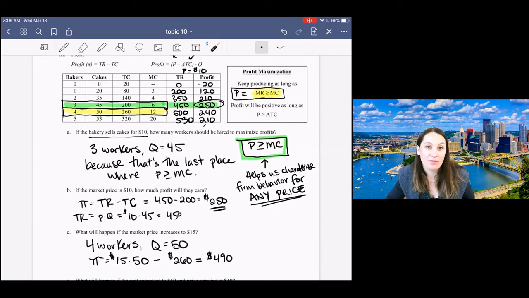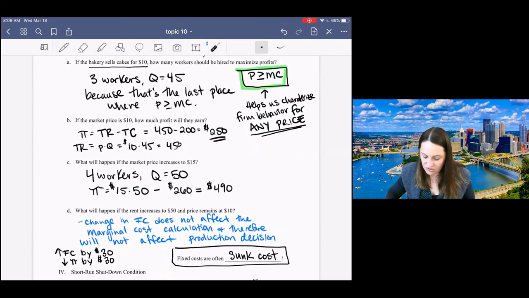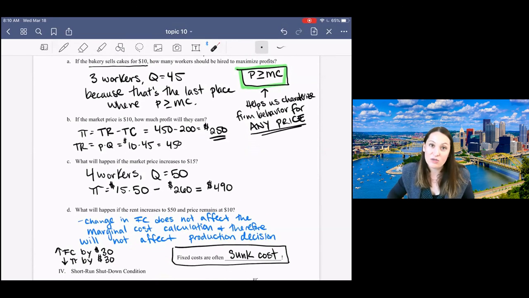You always have to pay your rent. So it's like a sunk cost. It doesn't affect the number of workers you hire because it's the same no matter what choice you make. So our fixed costs will affect your profits, but will not affect your production choice.